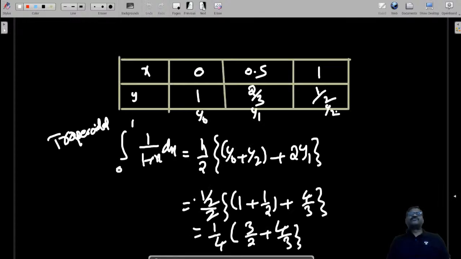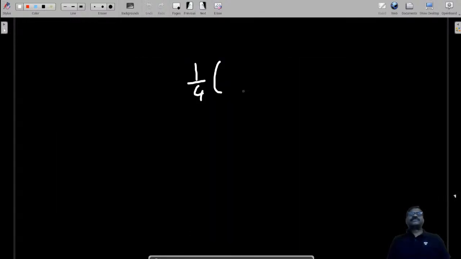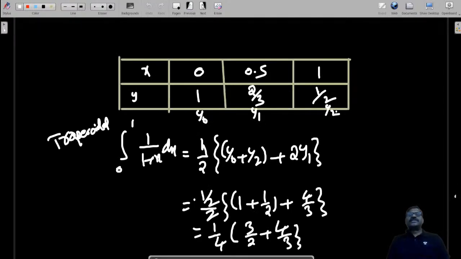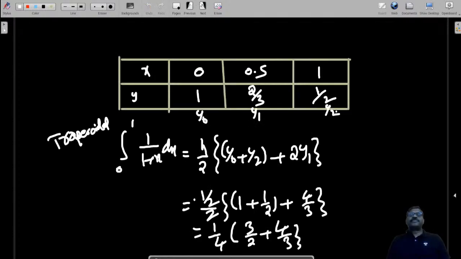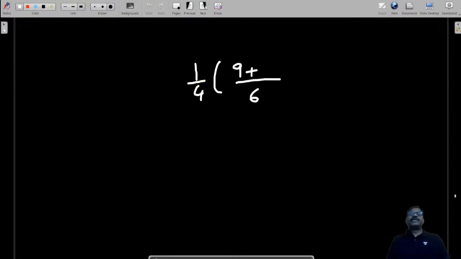Take LCM 6. 3 3s are 9 plus 3 2s are 2, 4 2s are 8.